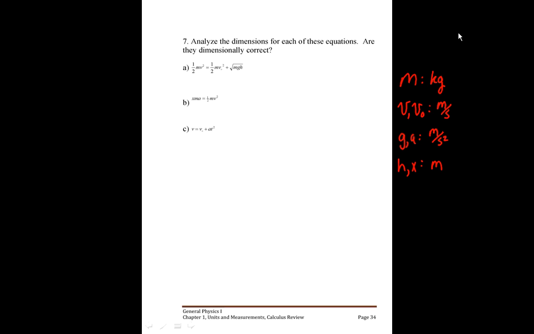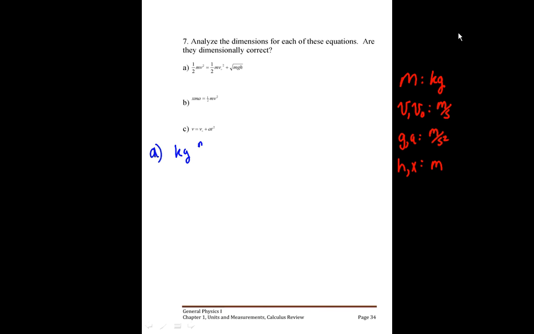All right, so for part A, I just want to put those units in for each variable. I leave off the constants, that is the half, and I'm just going to put in the units. M is kilograms.